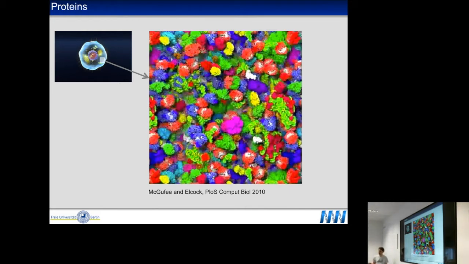Conformational changes means there are structures. A protein has a certain structure, a 3D shape, but it can have multiple such structures and transition between them. And these transitions typically are rare events. So that means for a very long time, the molecule stays in a certain shape, fluctuates around this shape, and eventually flips into another shape.